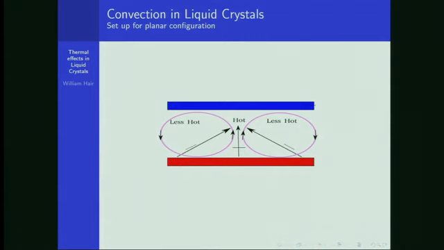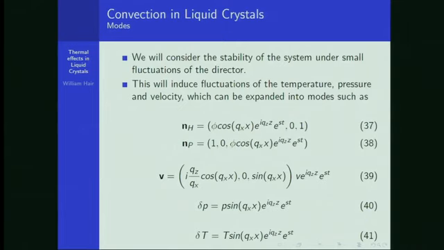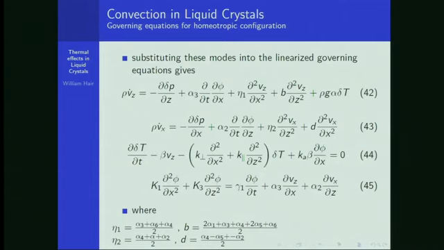So we wanted to do a wee bit of analysis of this, so we basically did the same thing. We did a linear stability analysis. So we took normal modes of this form here, where Qx is the wave number in the horizontal direction, and Qz is the wave number in the vertical direction. And then we substitute these into our linearized Ericksen-Leslie equations, and we'll get all these relationships out for the homeotropic case.